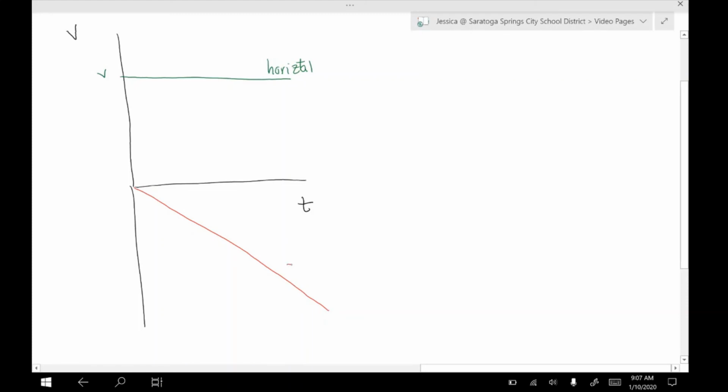The slope of this, if we're on Earth, should equal negative g, or negative 9.81. So we start at 0 and we end at some final y direction velocity.